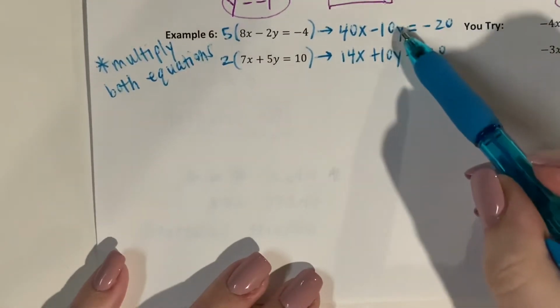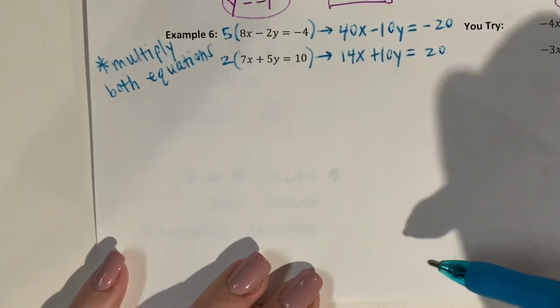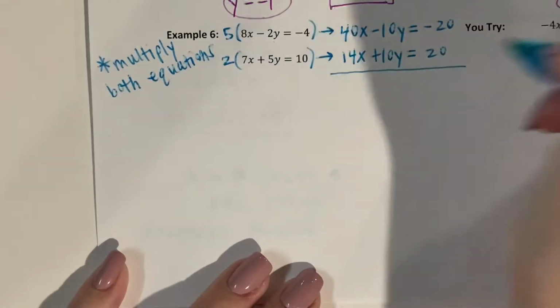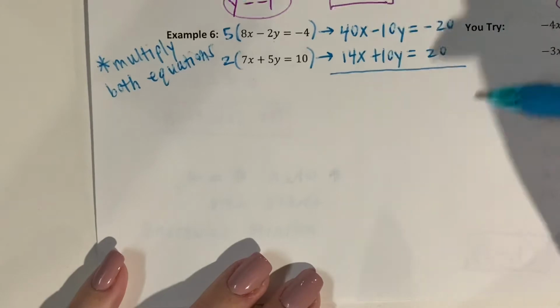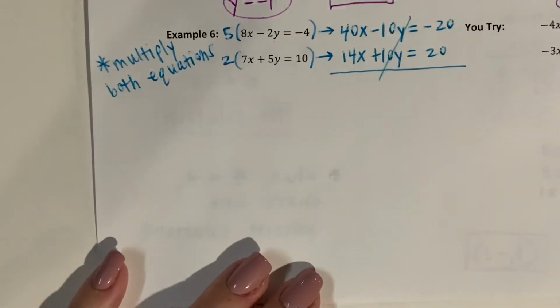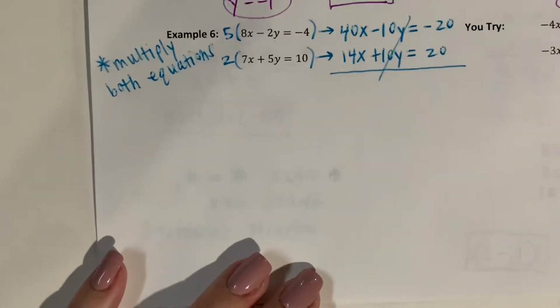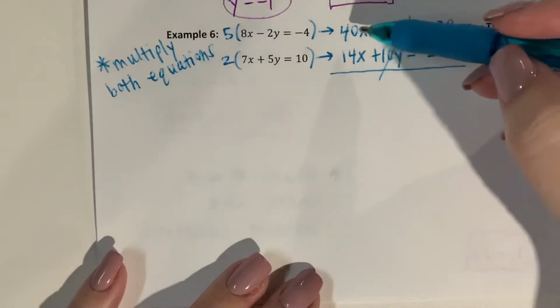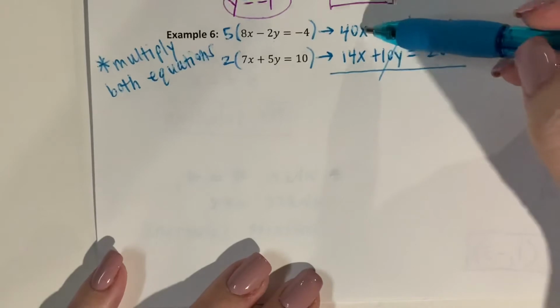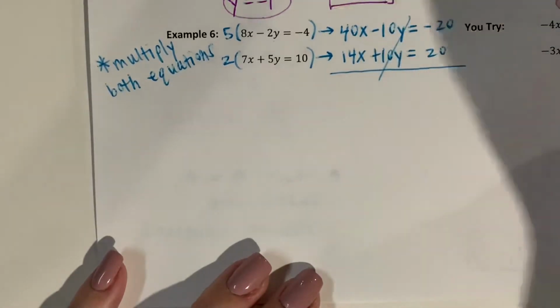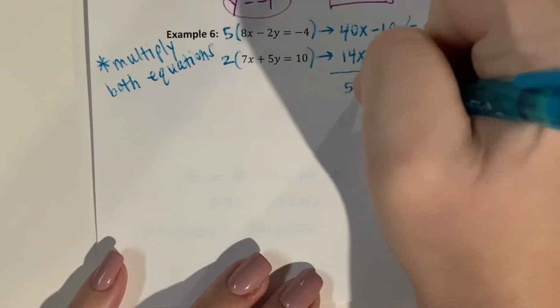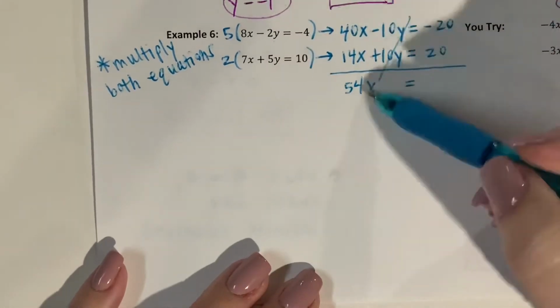Notice here that I have a negative 10y and a positive 10y, which is perfect because when we go to add these equations vertically, negative 10y and positive 10y cancel, or my y's drop out of the problem. So now I can continue treating this as an addition problem. 40x plus 14x gives me 54x. My y's dropped out.